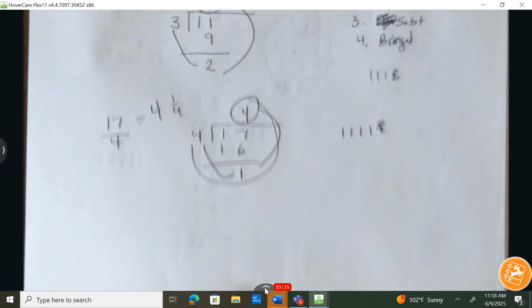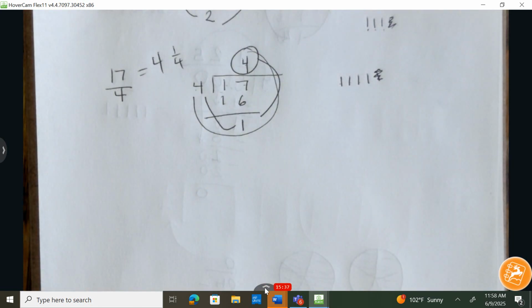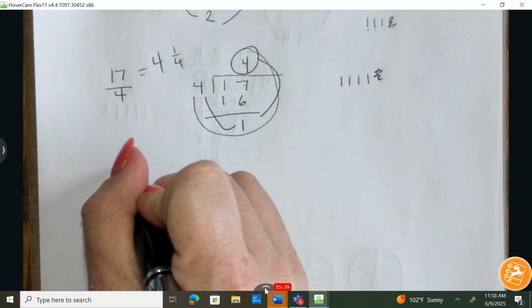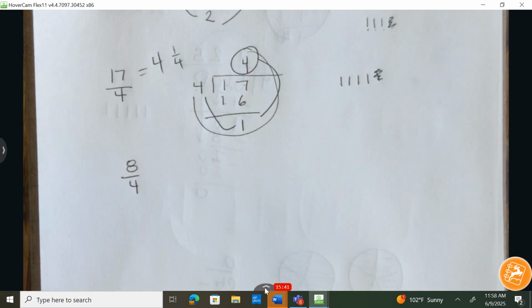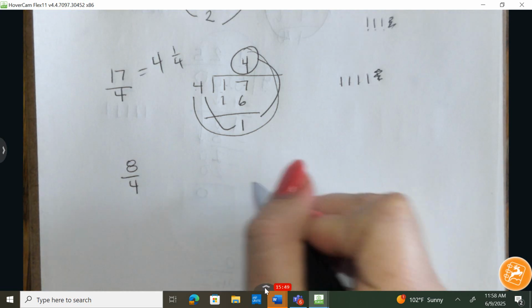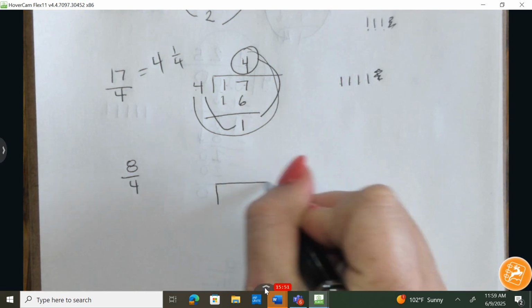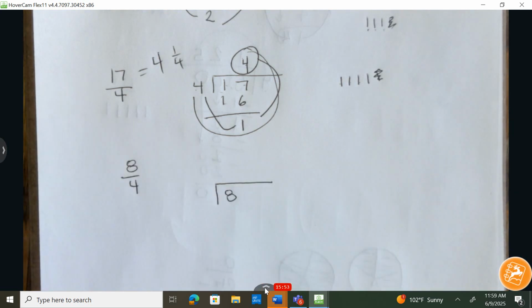Okay, let's just try 2 more before it's your turn to practice. 8 over 4. Assuming you haven't learned how to reduce or simplify fractions, we're going to do the exact same steps. Top number goes on the inside as we transfer it to an equivalent mixed number.